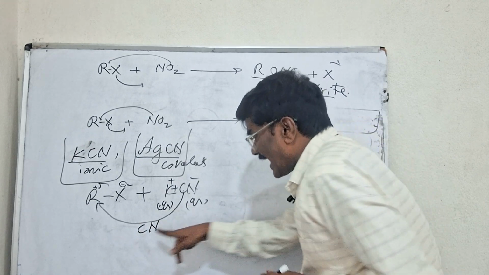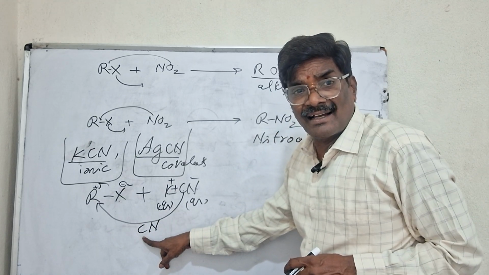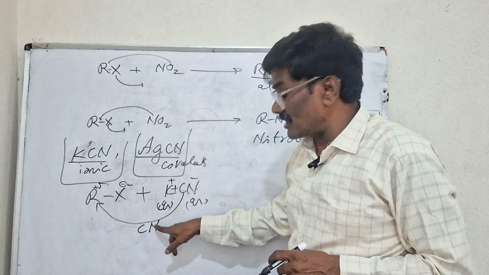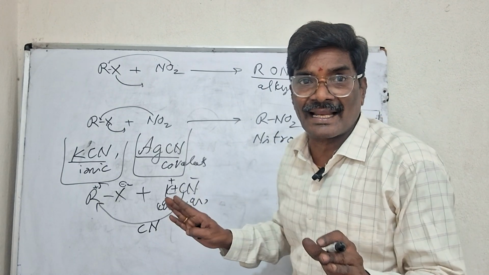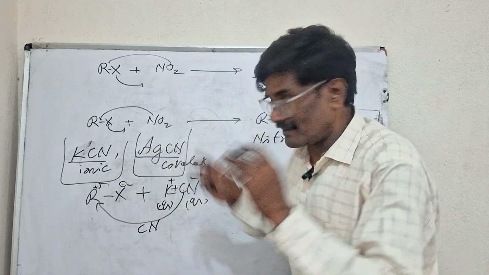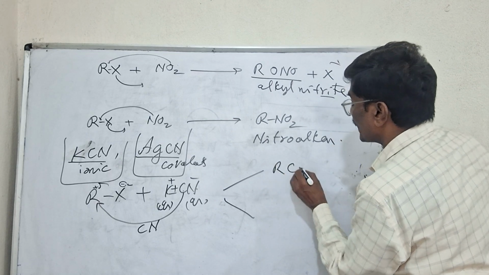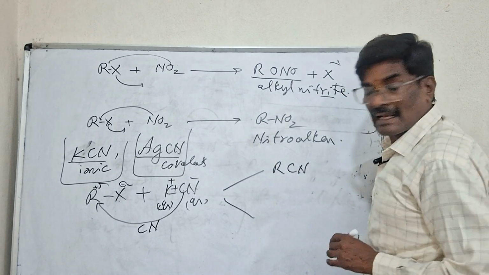So which acts as the better nucleophile here? Carbon only attacks; even though there is a chance for nitrogen, it does not attack. If carbon attacks, we get RCN, alkyl cyanide.